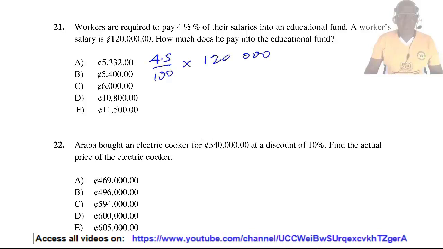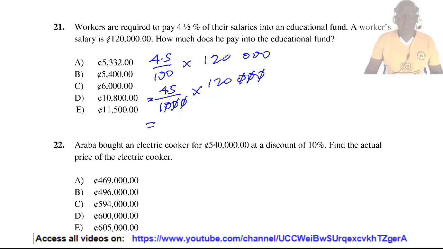120,000. We shall convert 4.5 into a whole number by multiplying the numerator 4.5 by 10. So we shall get 45. We shall multiply the denominator 100 by 10. We shall get 1,000 times 120,000. Zeros will cancel out.